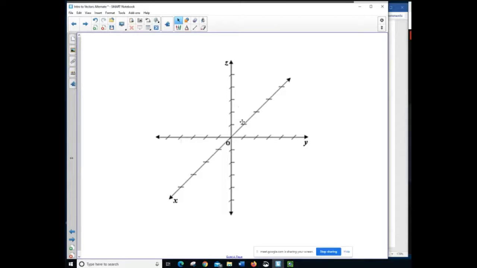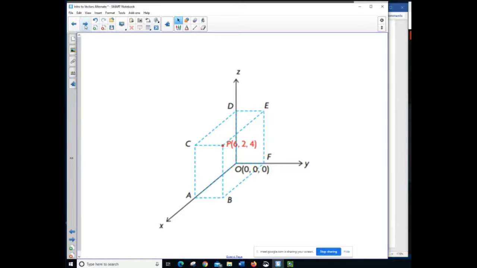Okay, so we use a little trick to make it a little clearer when we're trying to represent this 3D world on a 2D piece of paper. And it's this idea of using a rectangular prism. Okay, this really helps to give you that sense of perspective. So here, what did we do? We went 6 units in the x direction.